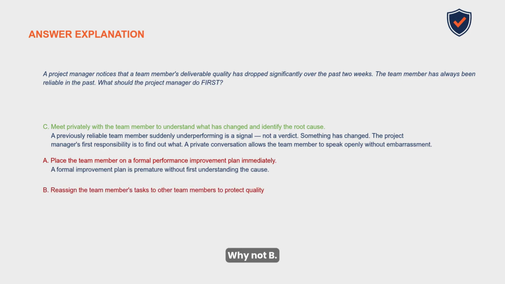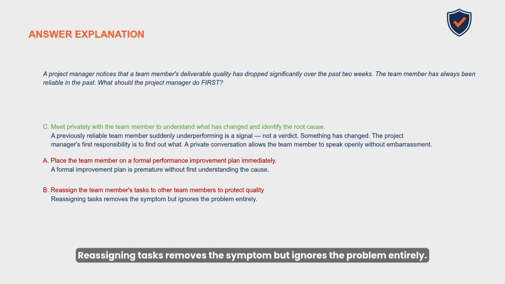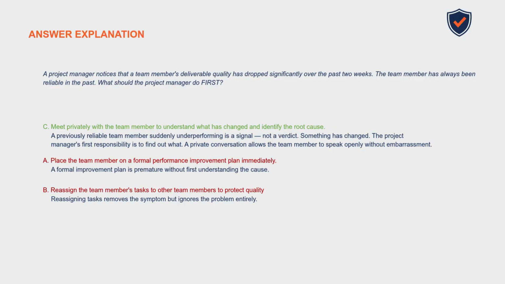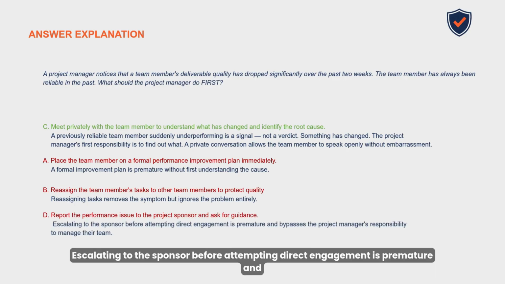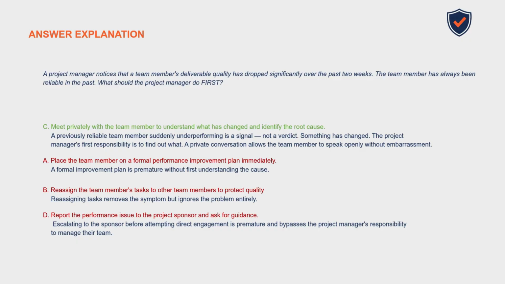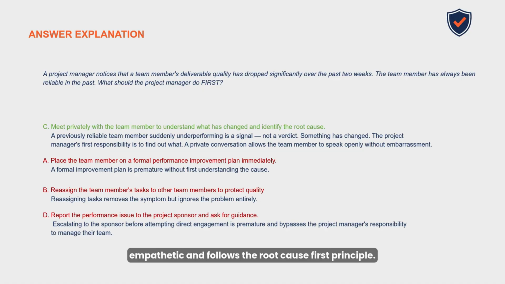Why not B? Reassigning tasks removes the symptom but ignores the problem entirely. Why not D? Escalating to the sponsor before attempting direct engagement is premature and bypasses the project manager's responsibility to manage their team. C is correct because it is proactive, empathetic, and follows the root cause first principle.